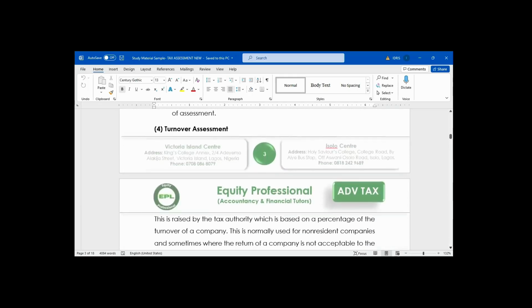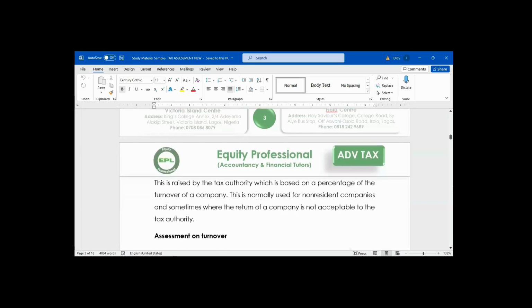So another type of assessment we have is called turnover assessment. Turnover assessment means when a company is assessed to tax based on the percentage of their turnover. Turnover assessment is common to companies.